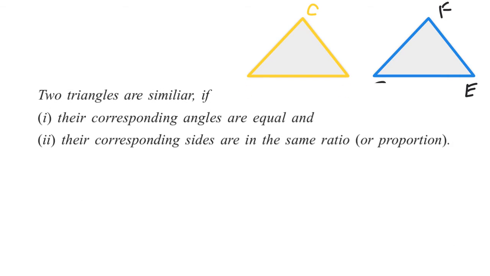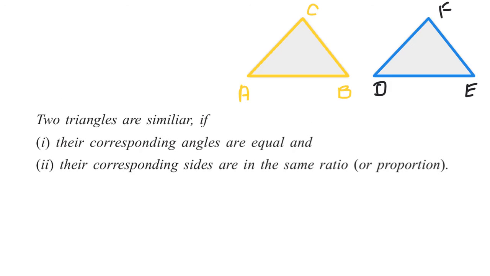So two triangles are similar if their corresponding angles are equal. That means if angle A is equal to angle D, angle B equal to angle E, and angle C equal to angle F, and their corresponding sides are in the same ratio. AC over DF is equal to AB over DE equal to BC over EF.